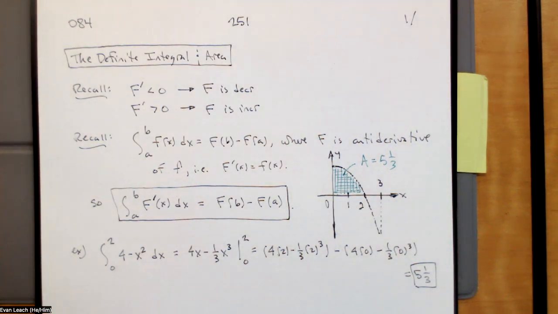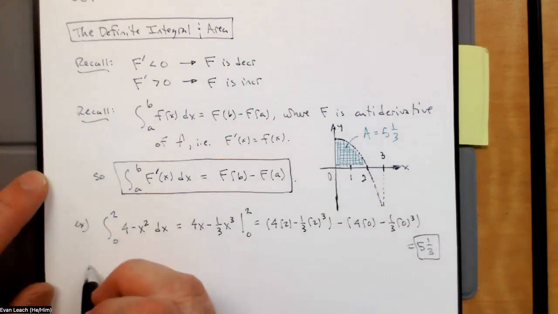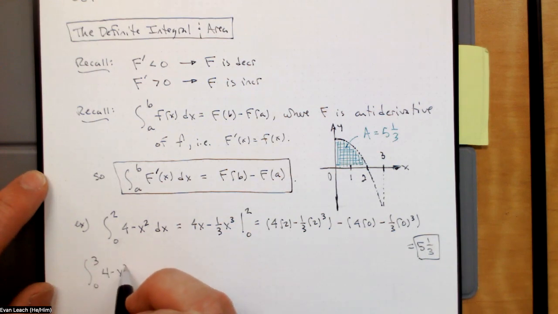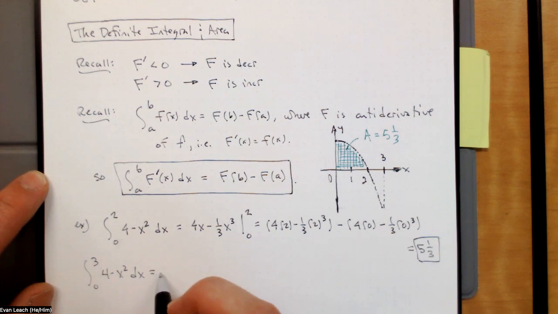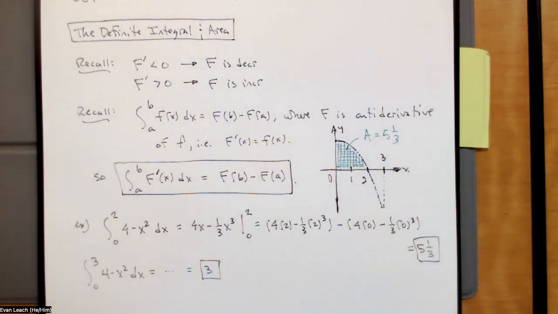Then after this, we calculated the integral from 0 to 3, and we got a smaller amount. So we saw less area from 0 to 3 than we had from 0 to 2.